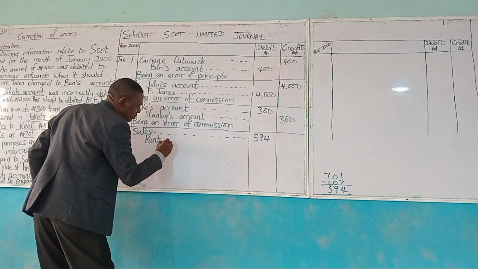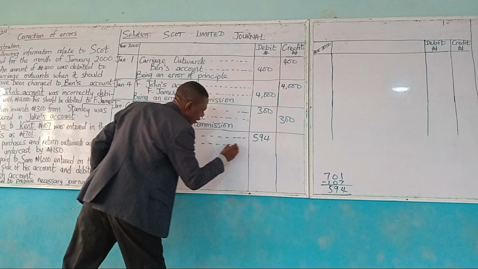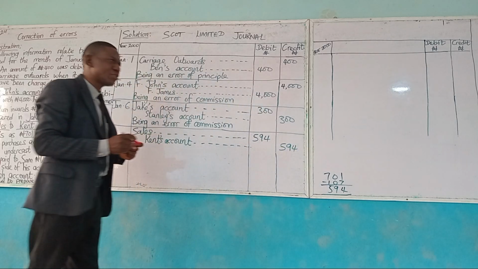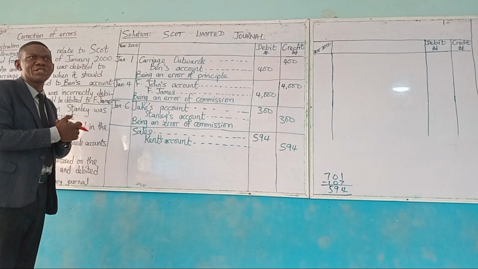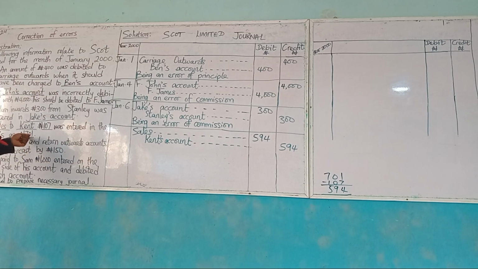We now credit accounts with 594 because the credit account, Mr. Kent, is a receiver, so his account was having 701 instead of 107. If you go to the debit side there, it has been increased to 701 instead of 107, by 594. We have to subtract 594 by putting it at the credit side, in order to subtract it from the figure that was written there as 701.